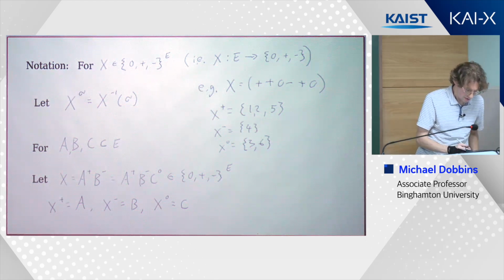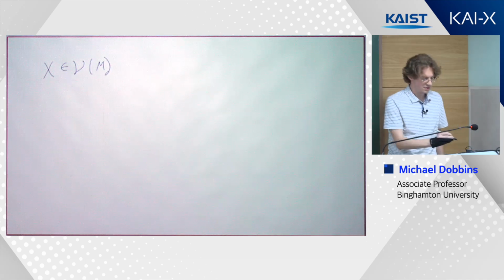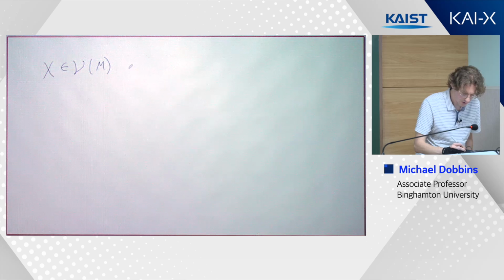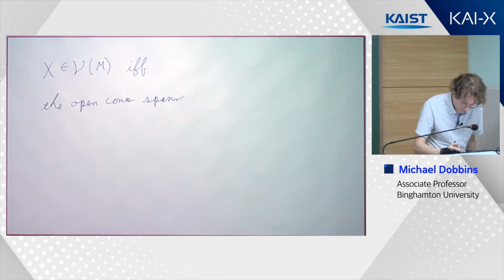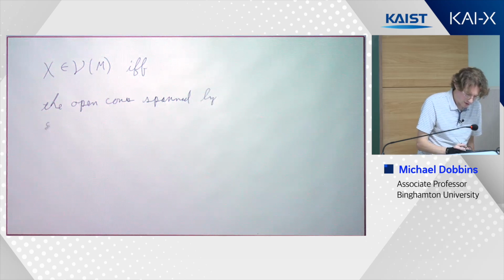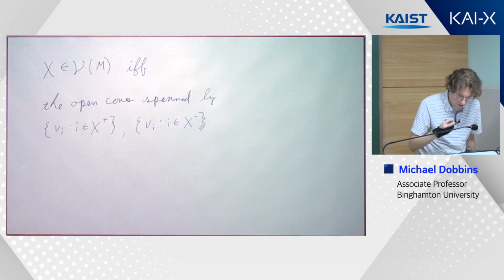So in this picture here, I'll have a vector among the sign vectors of a matrix if and only if I look at the cones spanned by the sets where they're positive, and the coordinates, the columns corresponding to coordinates that are negative, these intersect.